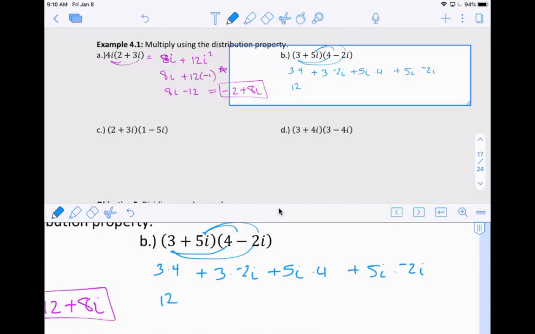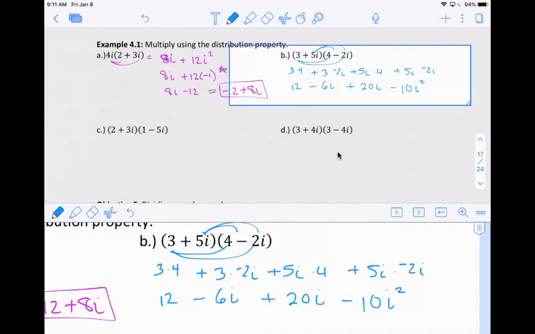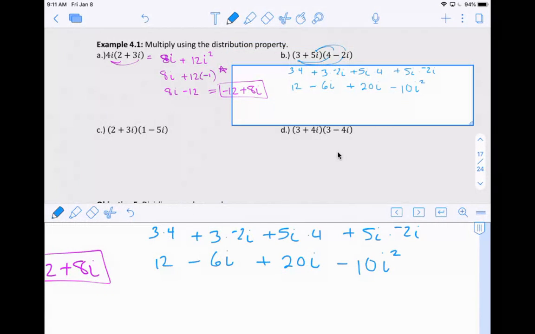Here is 12. The real parts I will multiply, so minus 6i. Then 20i. And the real parts, pardon me about that, I'm at school recording video right now. This would be negative 10, and now I will also multiply the imaginary parts. I get i squared.